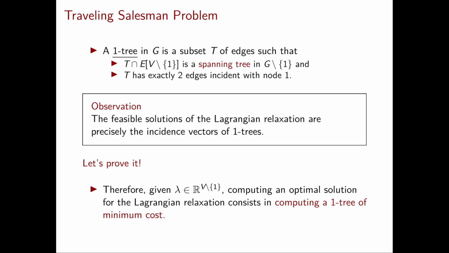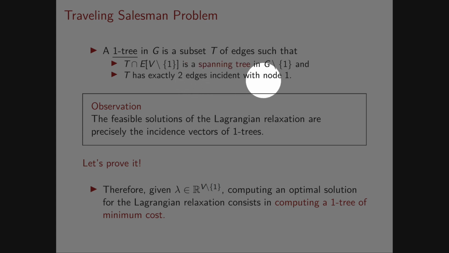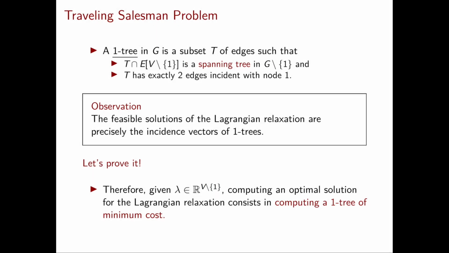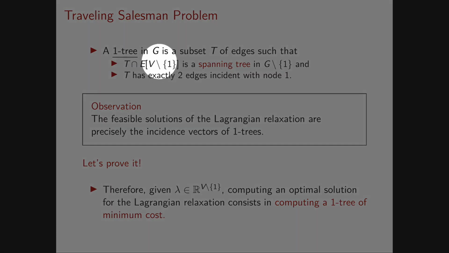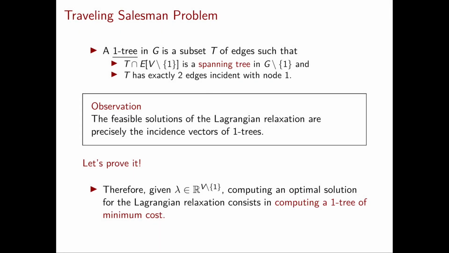And secondly, T must have exactly 2 edges incident with node 1. Note that in this definition we are considering completely separately the edges that are not incident with node 1 and those that are incident with node 1.